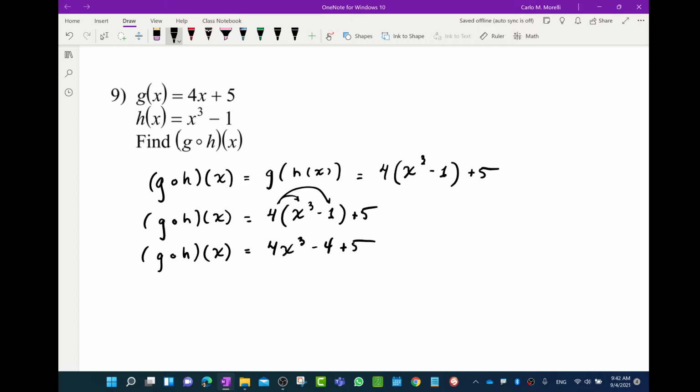And there's just one more step. The composition of functions g and h of x is equal to 4x cubed plus 1. And you are done with number 9.